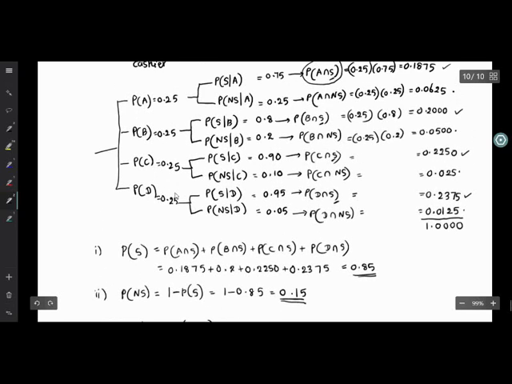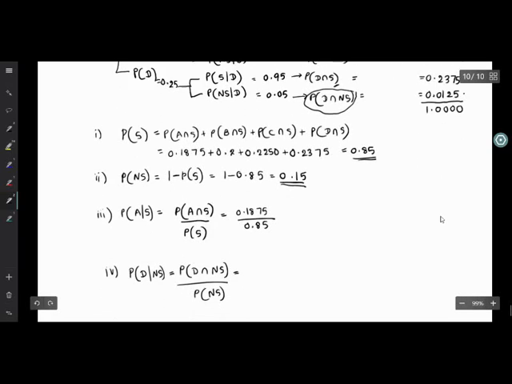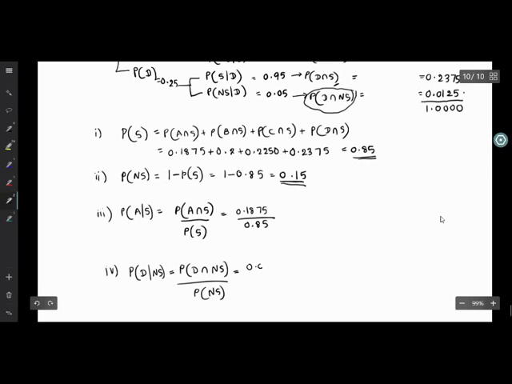We can find D and NS, here's the intersection. That is 0.0125. See, it's the very last line, 0.0125. Divide by probability of NS, and we have already got the answer in part 2, which is 0.15. So you can find these answers very easily.